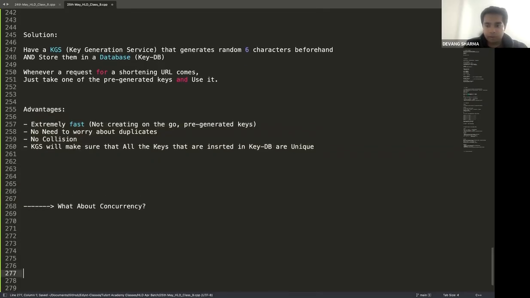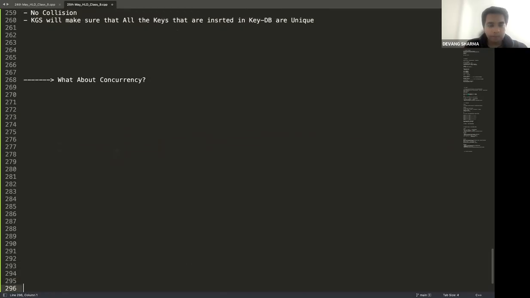When we say what about concurrency, it means as soon as a key is used, it should be immediately marked in the key DB to ensure it's not reused.